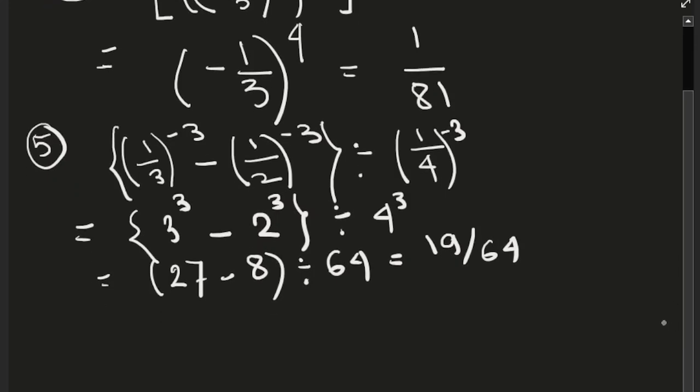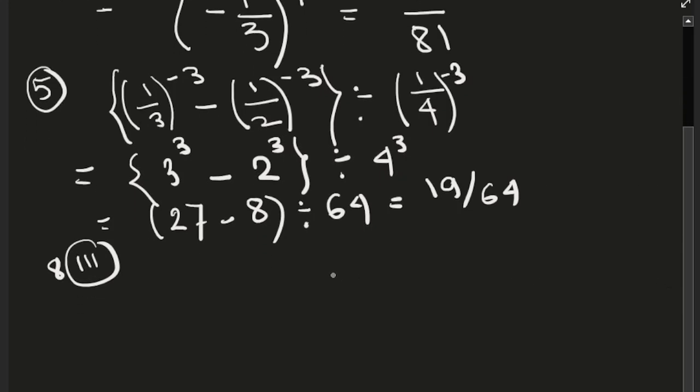Very easy question it was. Next, let's do question number 3 of 8. (1/2) whole to the power of minus 2 plus (1/3) whole to the power of minus 2 plus (1/4) whole to the power of minus 2.